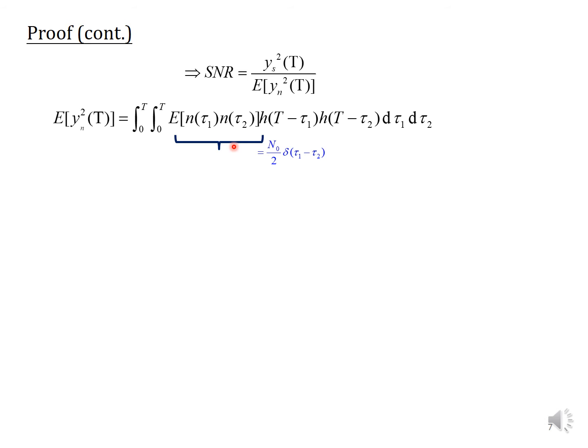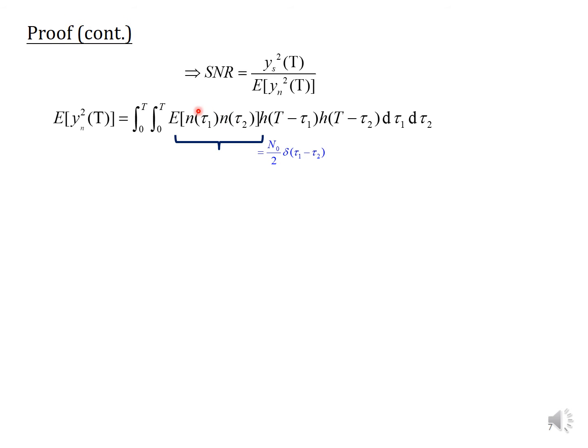Because it's Gaussian, so the correlation of these two noise has value only when tau 1 equal to tau 2, and the correlation would be N0/2. So this would be equal to N0/2 times delta(tau 1 minus tau 2).